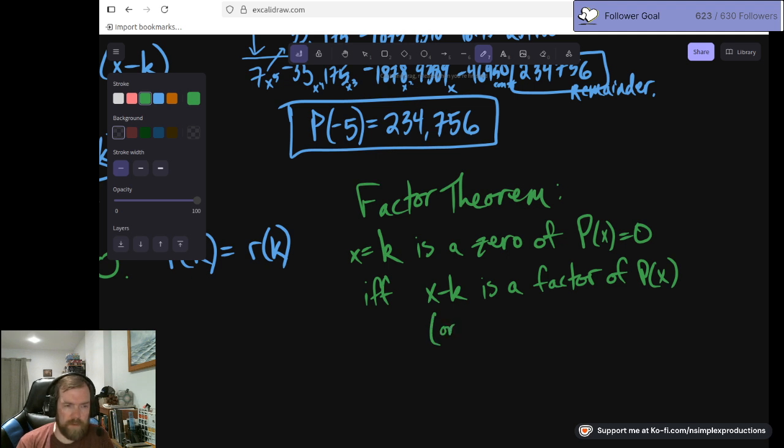Or what we really mean by that is that the remainder of p of x over x minus k is equal to 0.